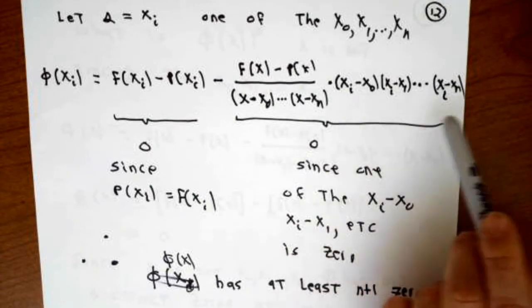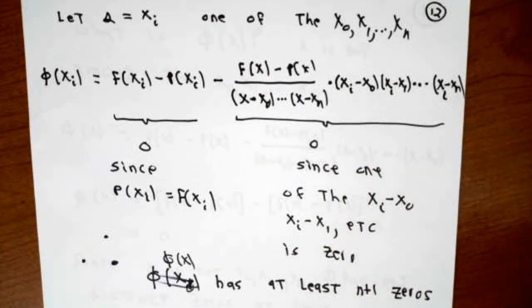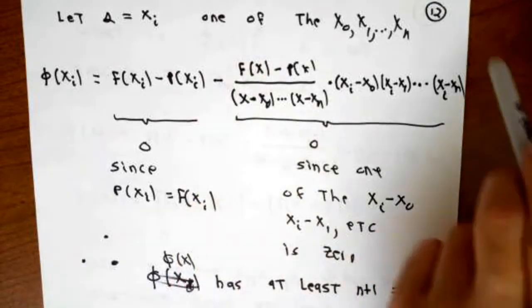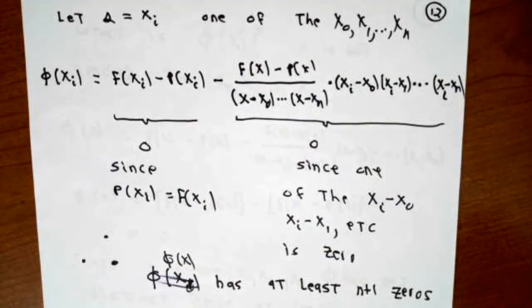As you go down the list, sooner or later, you're going to hit a factor that's xi minus xi. You're going to hit a factor that's 0. So that makes this entire thing 0. So this phi function, we now know something about it. It has at least n plus 1 distinct real zeros.